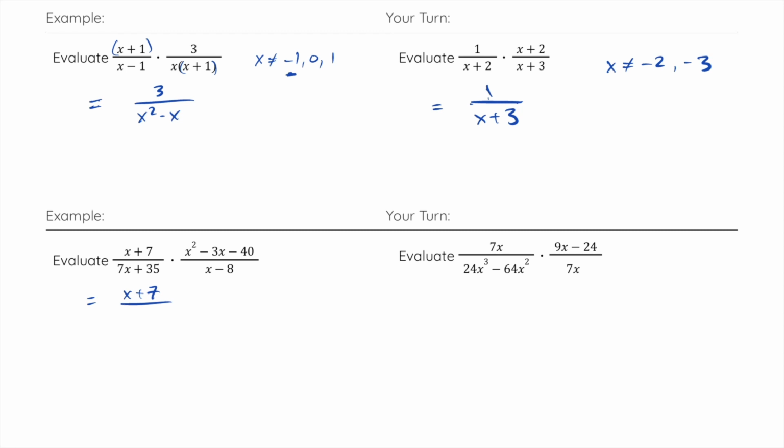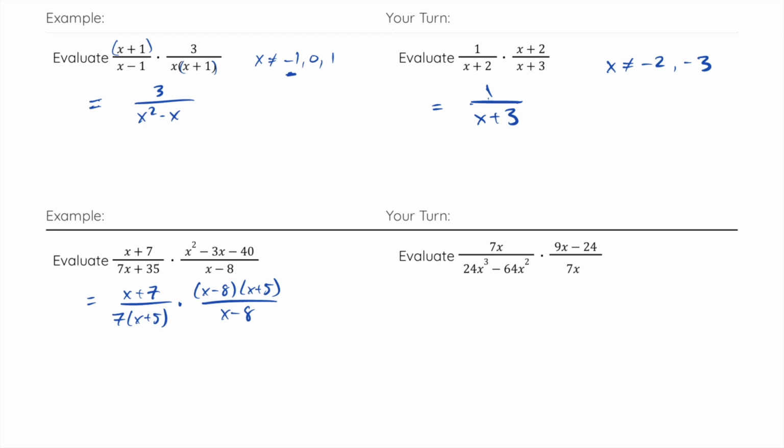So this would be 7 times x plus 5. And if I factor this one here, that is a sum of -3, product of -40, so that's going to be x minus 8, x plus 5, divided by x minus 8.